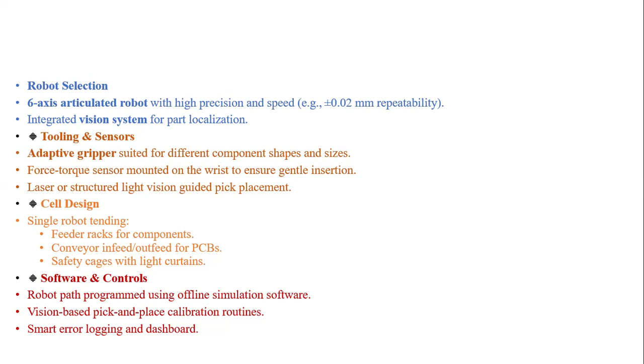Safety gauges have to be mounted through the surrounding area in order to avoid collision or any sort of accidents. Here are some of the software and control systems that are required for solving the single robot work cell type optimization problem. So this type of problem can be programmed using offline simulation software. For analyzing the vision-based pick and place calibration routines also, we can use the offline simulation software.